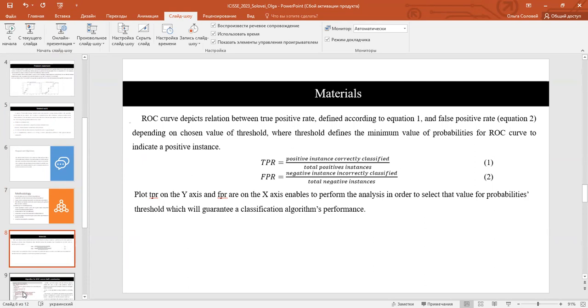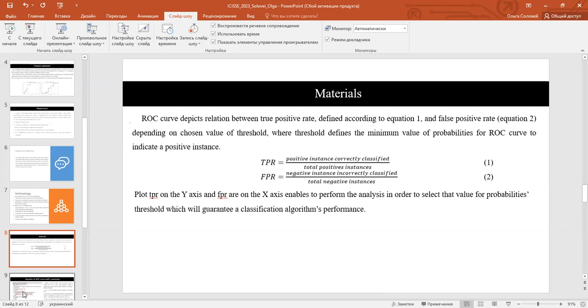The ROC curve depicts the relation between the true positive rate, which is calculated as a fraction of positive instances correctly classified to total positive instances, and the false positive rate, which is calculated as a fraction of negative instances incorrectly classified to total negative instances.